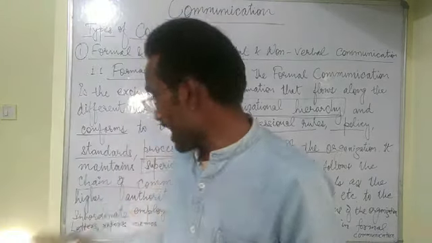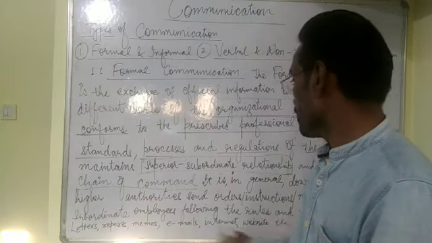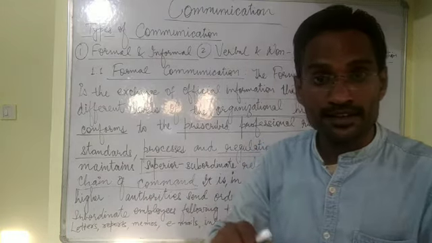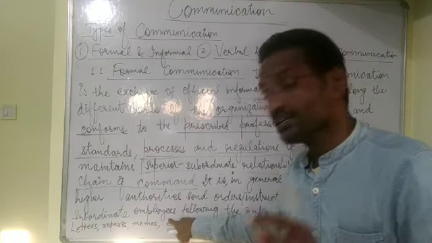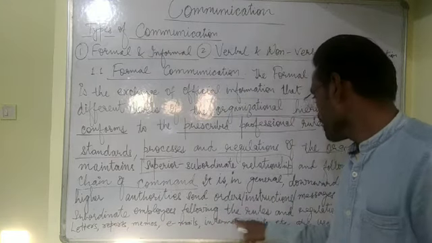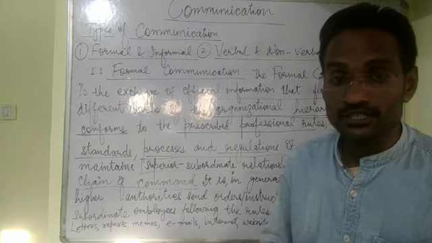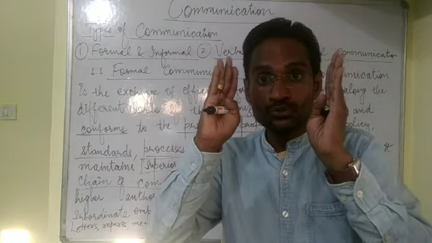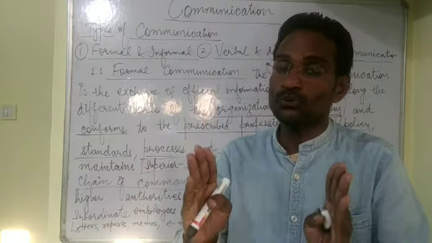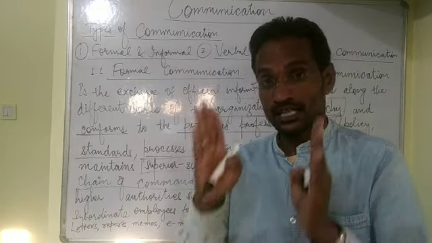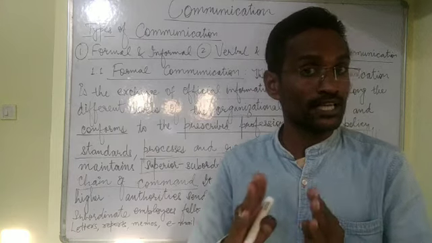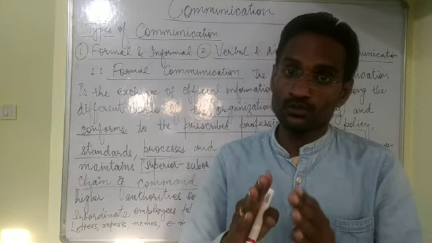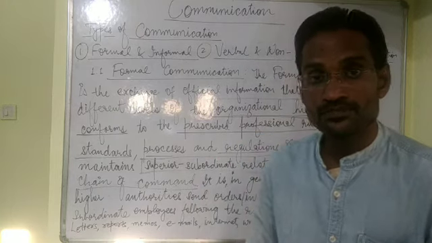So the head of the organization or higher authorities send information and messages to the subordinate employees by following the rules and regulations of the organization. Those superiors and bosses also have to maintain the policies. They also have to maintain the rules and regulations of their organization. Even they are not supposed to violate those regulations and rules. Alright?